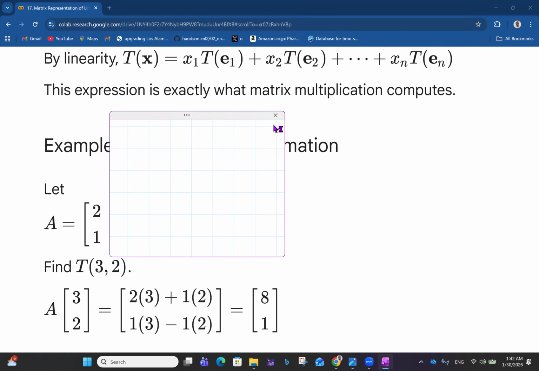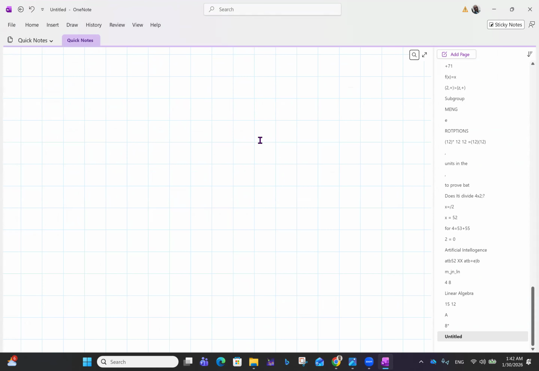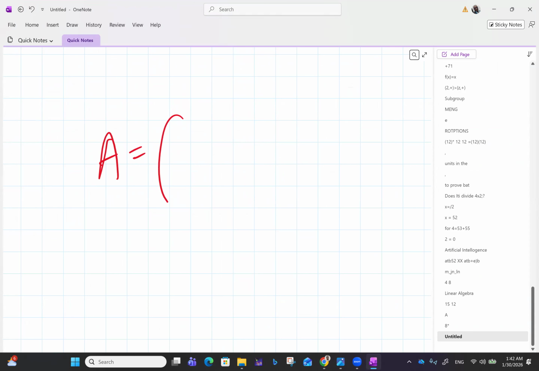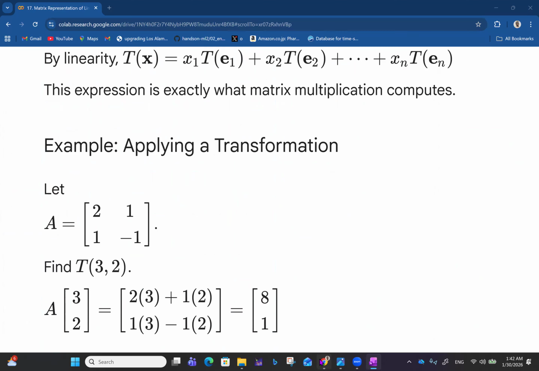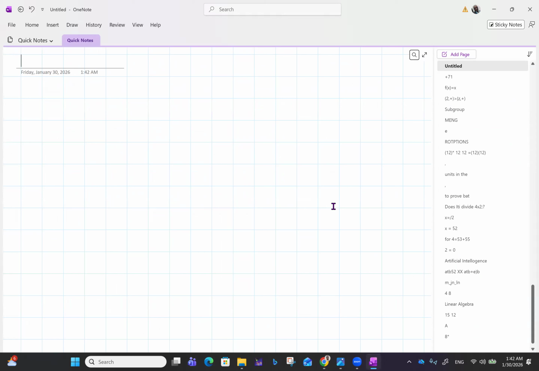Okay, so we have A to be 2, 1, 1, minus 1. Let me be sure. 2, 1, yeah, 1, minus 1, and then X now is 3, 2.